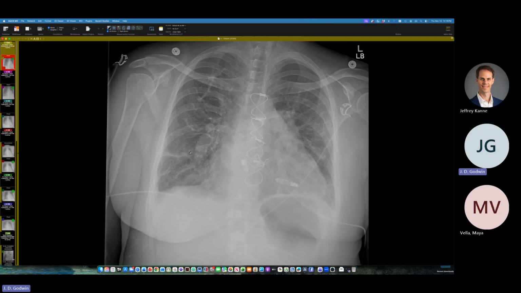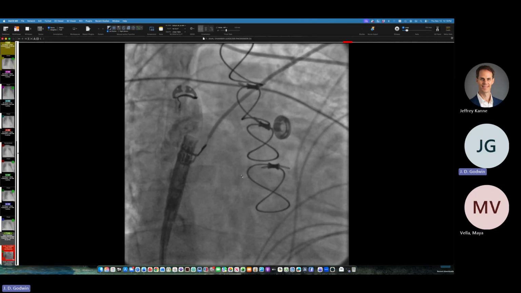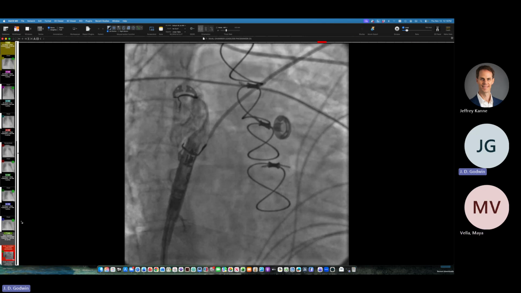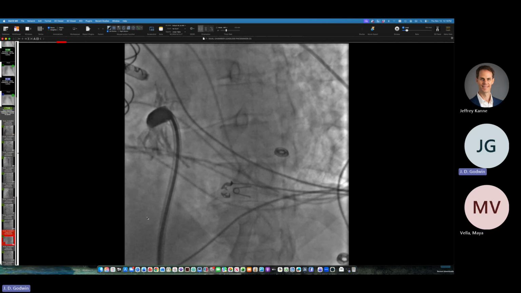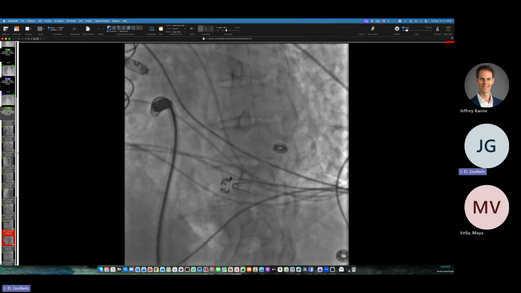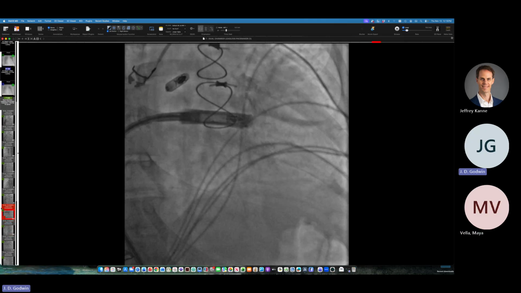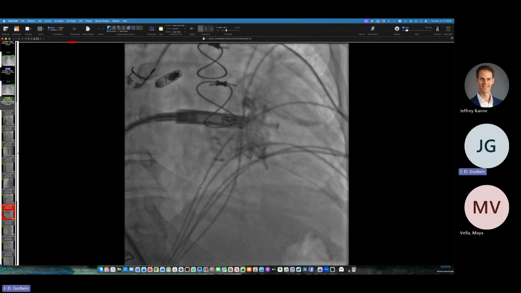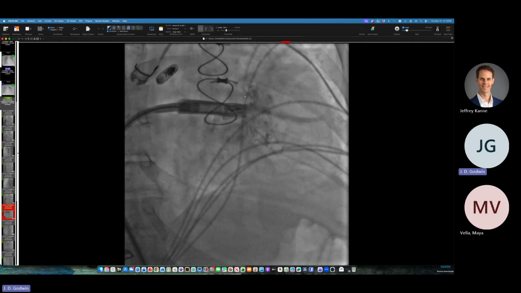Okay, and here's, by the way, a series of the angiogram or the fluoroscopic studies when they were placing these things. So let me show you. Here's one of them. This is the atrial one already in place. And then we get down here. Let's see, there's one that has 53, I think. This is where I think they were installing the ventricular one.